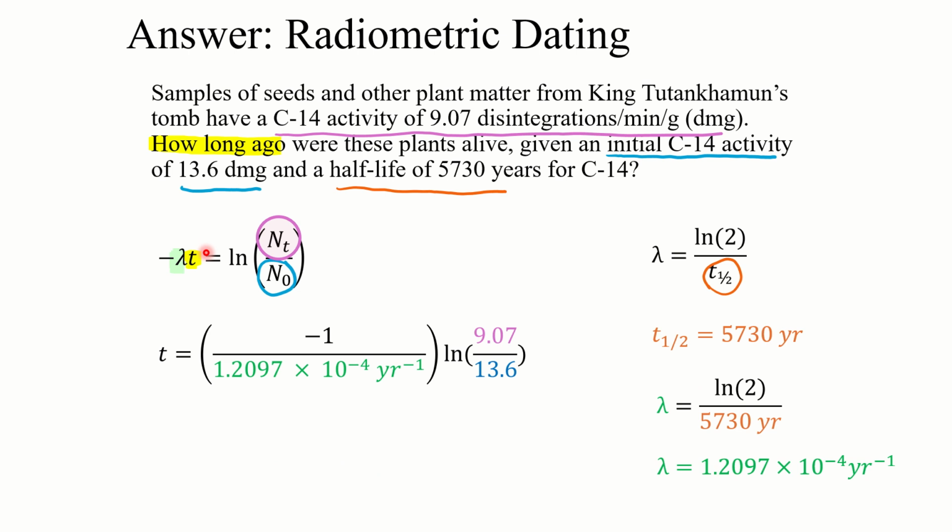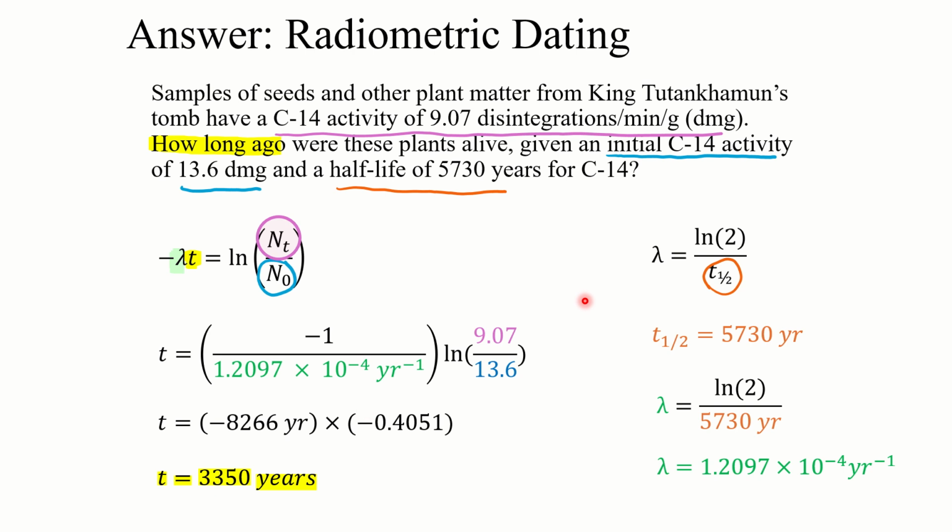Then we're going to use this equation rearranged to solve for t. So t is equal to negative 1 over 1.2097 times 10 to the negative fourth inverse years, the decay constant, times the natural log of N_t over N_0, where N_t is 9.07 and N_0 is 13.6. And when I work this out, again, I get about 3,350 years.